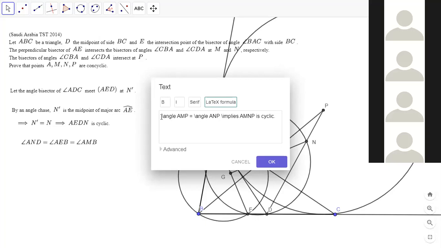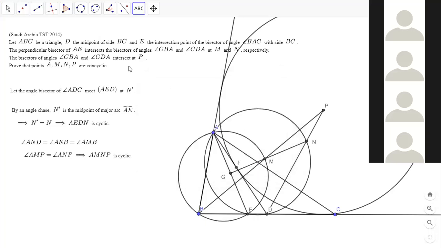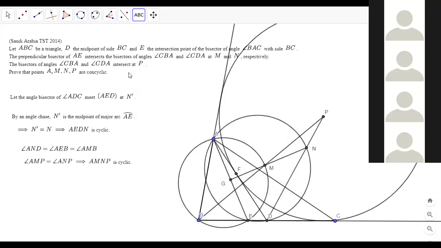But is it? Let me see. Is there anything I left out here?